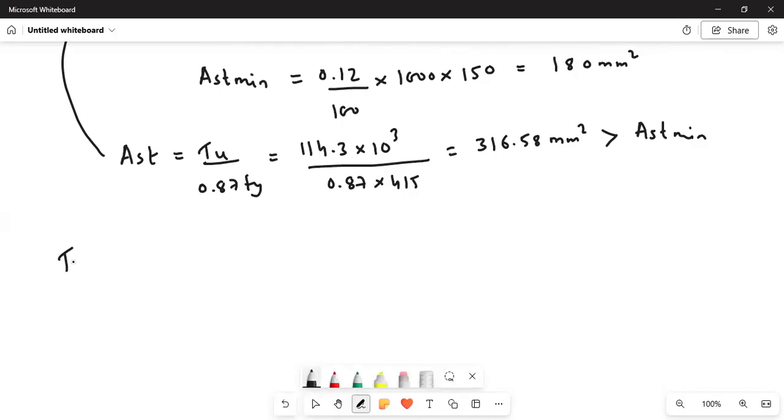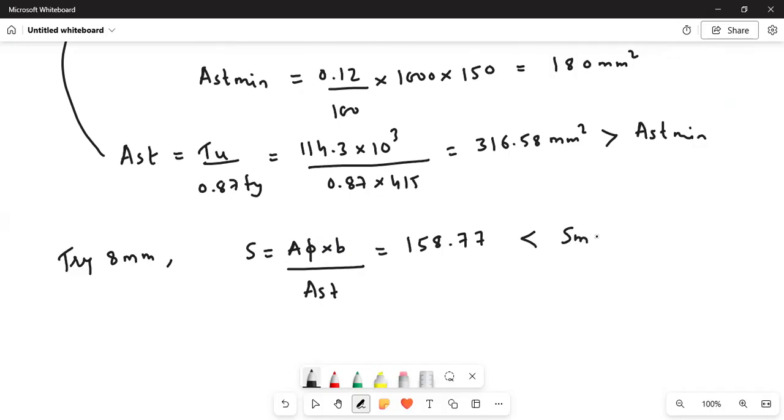So we can assume any diameter of the bar. I will assume 8 mm diameter of the bar, and the spacing formula is area of one bar into width of the element divided by Ast. So area of one bar is pi by 4 into 8 square, and width of the element is 1000 mm divided by Ast, that is 316.58, and the spacing is coming as 158.77, which is less than maximum spacing.